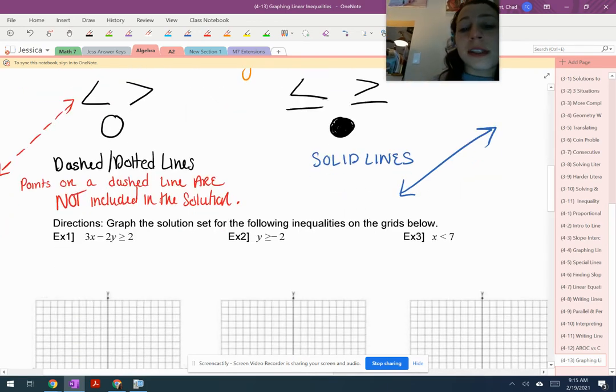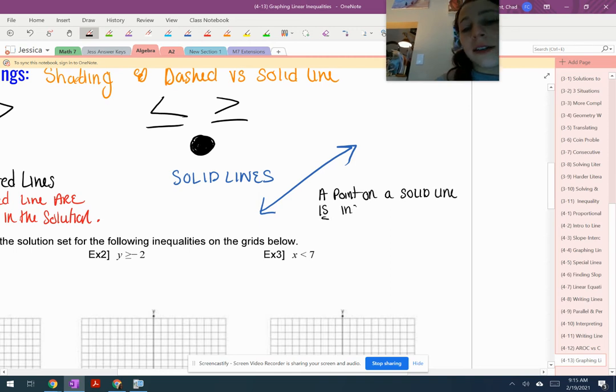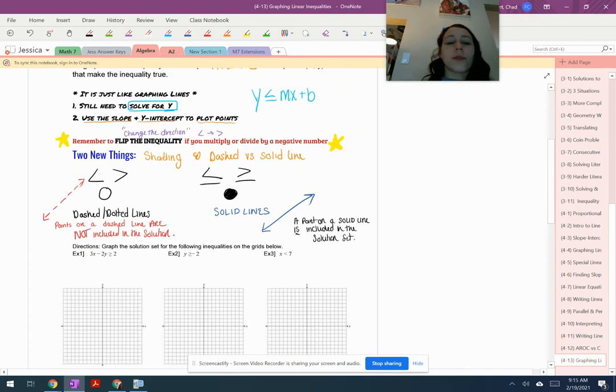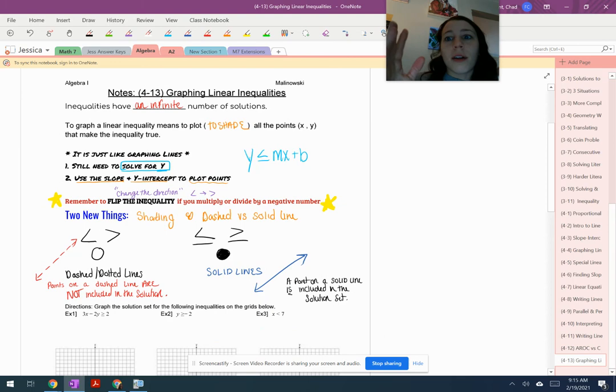So when you're dealing with a solid line, a point on a solid line is included in the solution set. We call the solution a solution set because there's an infinite number of them. So it's a whole set of them. It's not just one number. It's all of the numbers that are greater than or equal to blah, blah, blah.